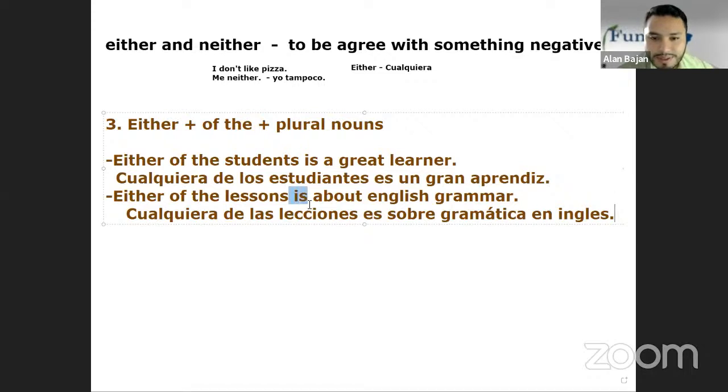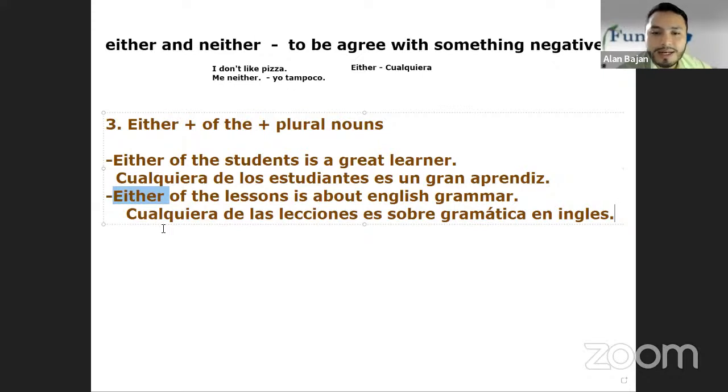So the important thing is that you remember that we always use third person, is, or the verb with s, with either and neither, because I'm talking about either, cualquiera.